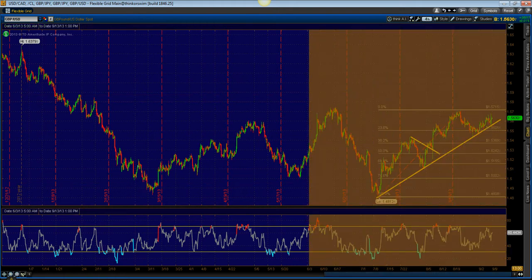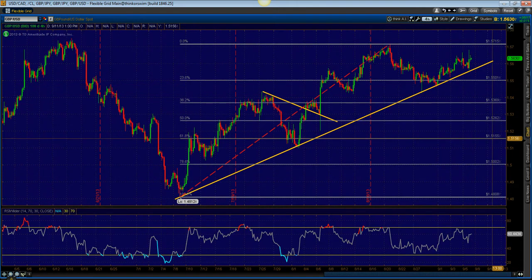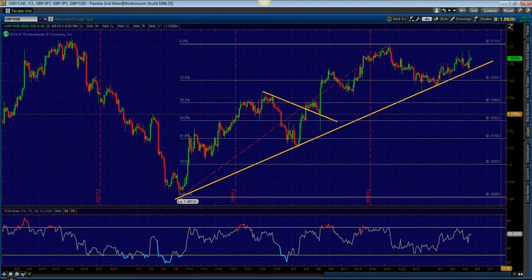In either case, I'm looking for a trendline break to the downside and then looking for moves towards 153, just shy of the 50% Fibonacci retracement on the 4-hour upswing. So we have eyes on that as well.